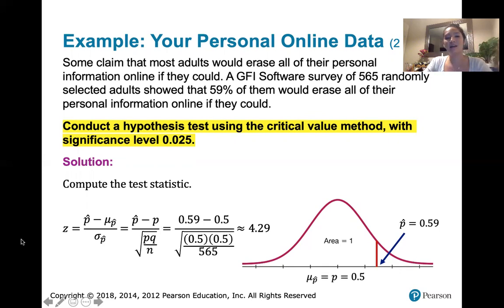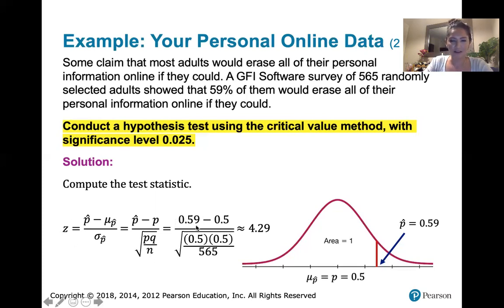And then we're dividing by the standard deviation of the sample proportions, which is approximated by the square root of p times q over n, given that our sampling distribution of sample proportions has a mean of 0.5, which means that the true population proportion is 0.5. So we plug everything in.